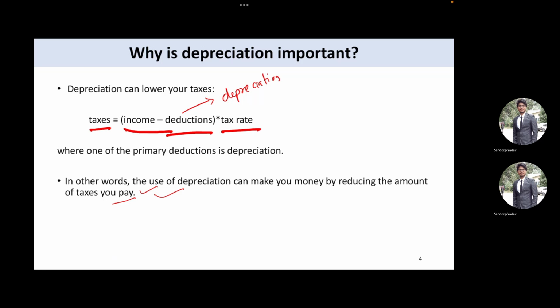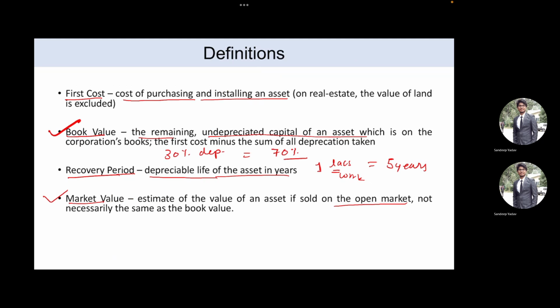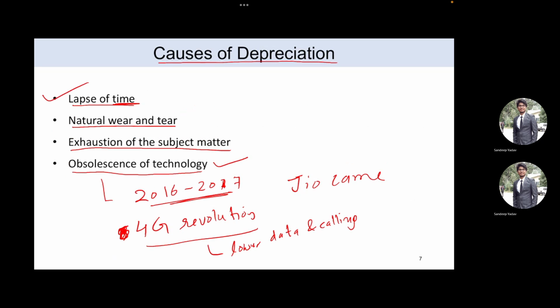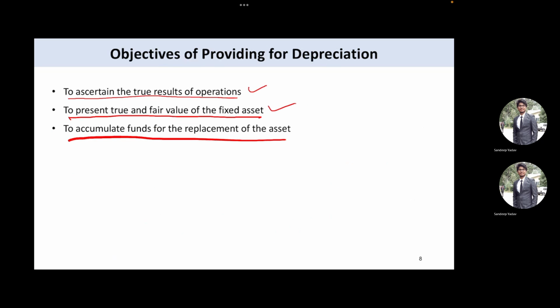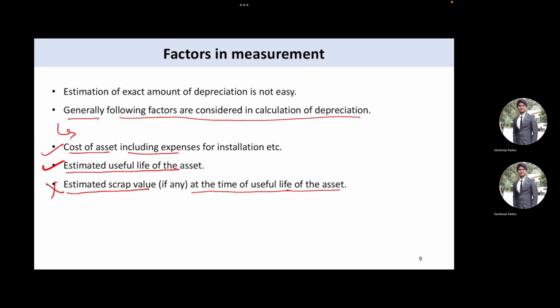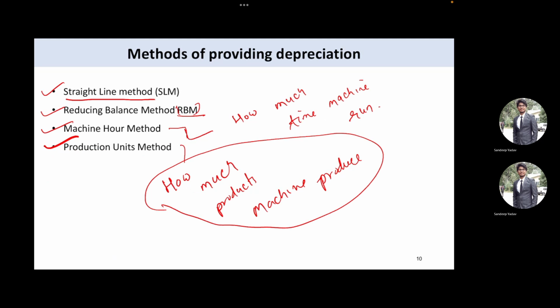We have learned all the basic definitions used in the numericals. What are the causes of depreciation? What is the objective for providing any depreciation? What factors in measurement do we have to consider?